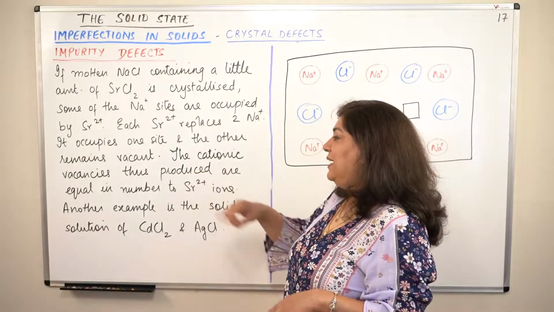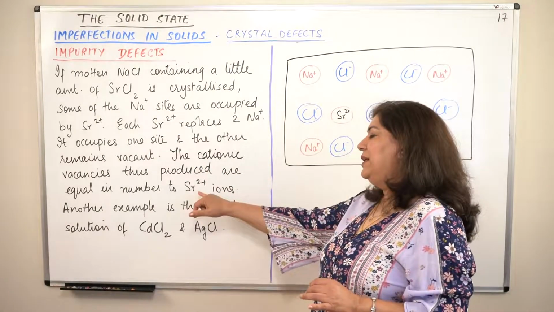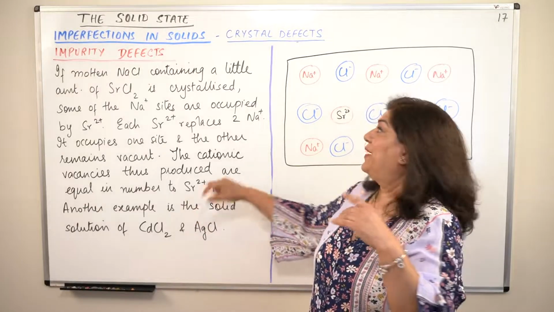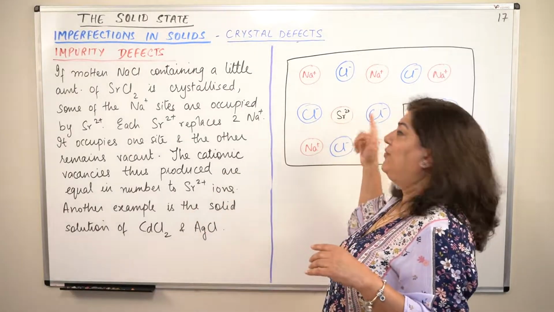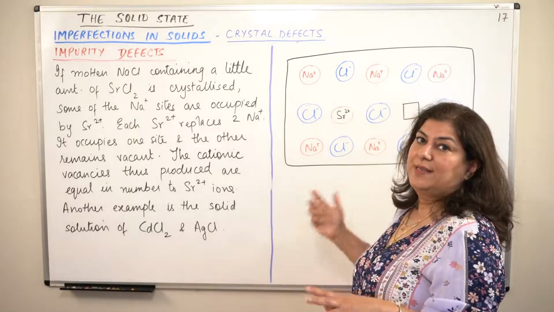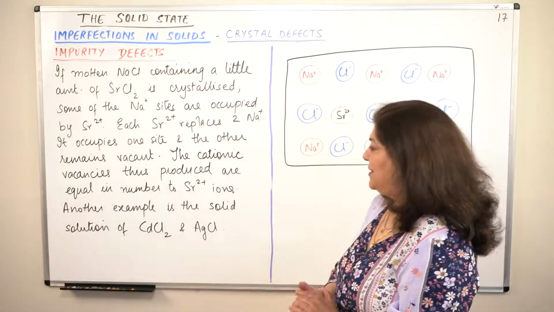If there is 1 strontium ion, there will be 1 vacancy. If there are 2 strontium ions, 2 vacancies. For 10,000, there will be 10,000 vacancies.